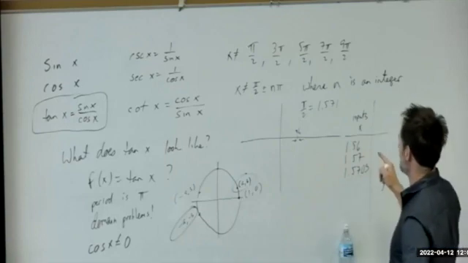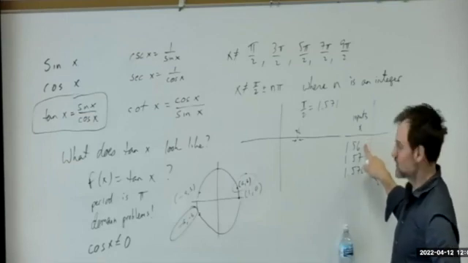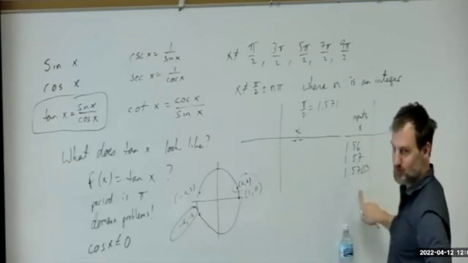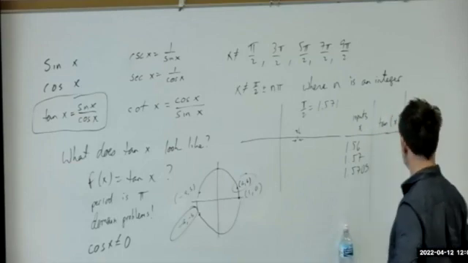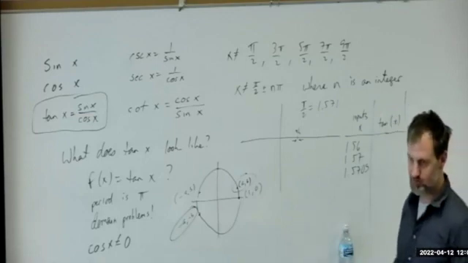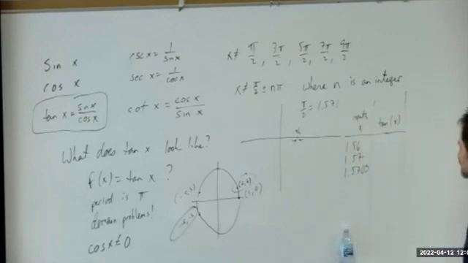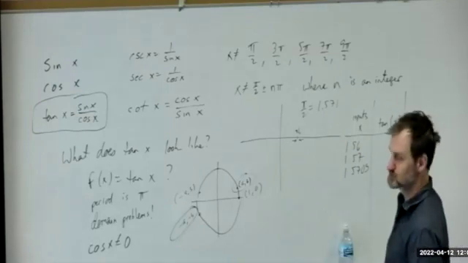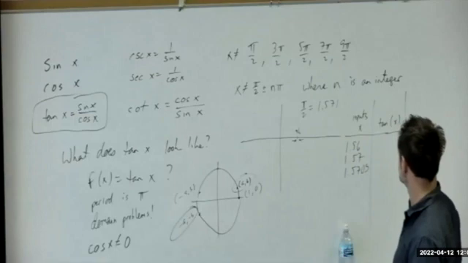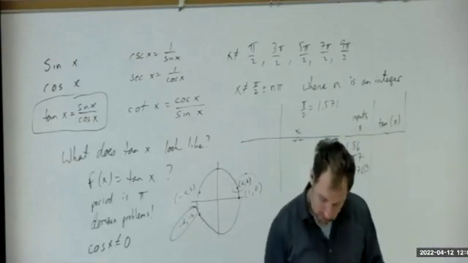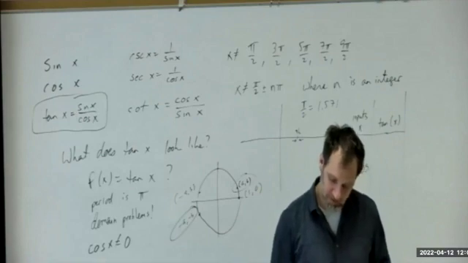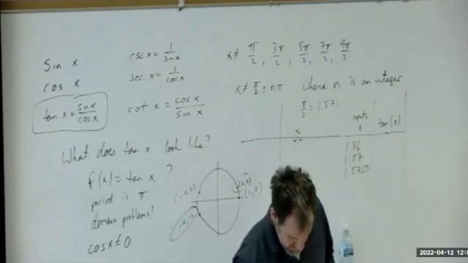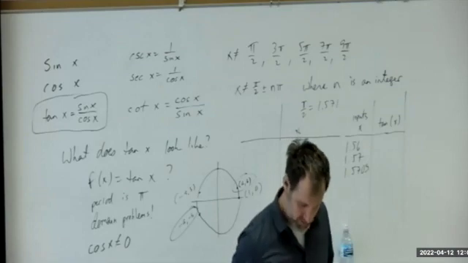So what I want you to do is just put those numbers into tan. Tan 1.56, tan 1.57, tan 1.5705. Tell me what happens to the output. Sure you're in the right mode.